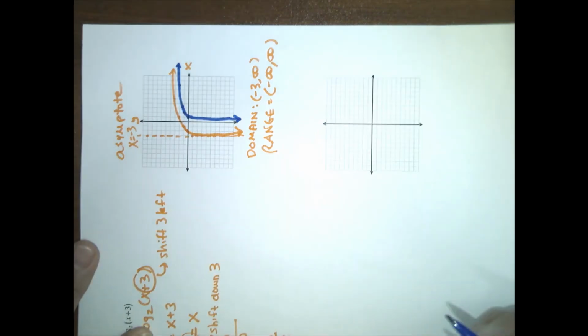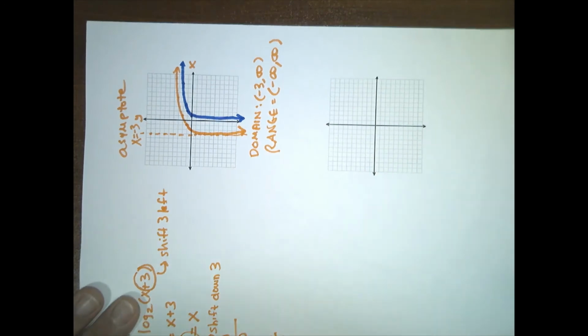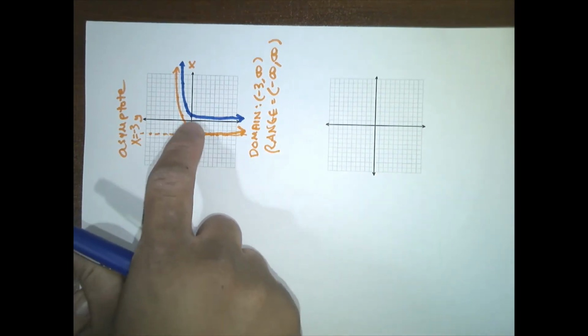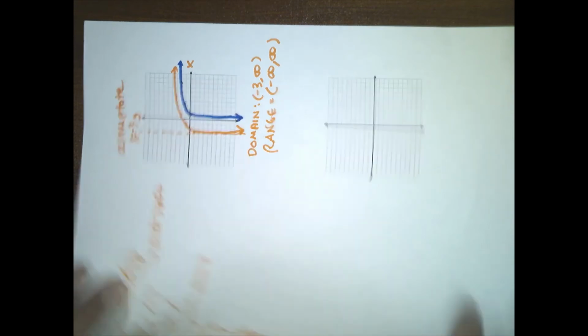So that's why I feel like in this case, it was a little bit more confusing to think of it in terms of 2 to the y than it was in terms of the logarithms. Keep that in mind, that when I say 2 to the y is shifted down 3, I mean shift it down 3 if you're looking at the graph like this.